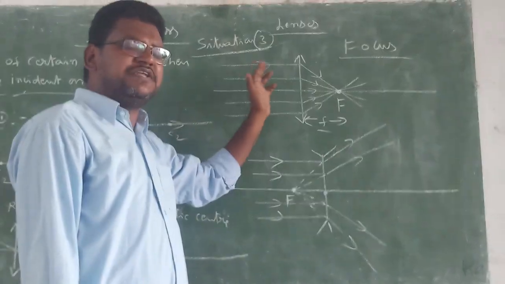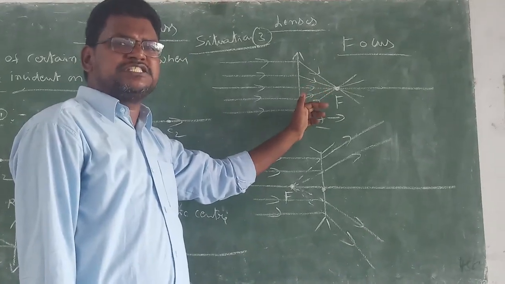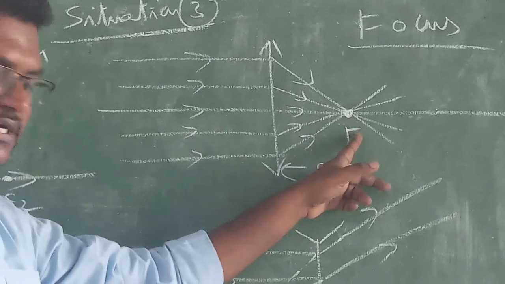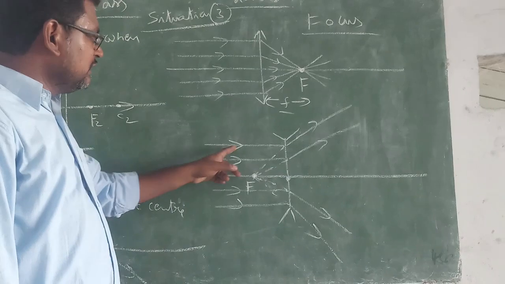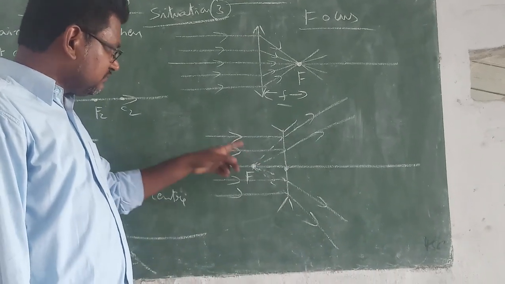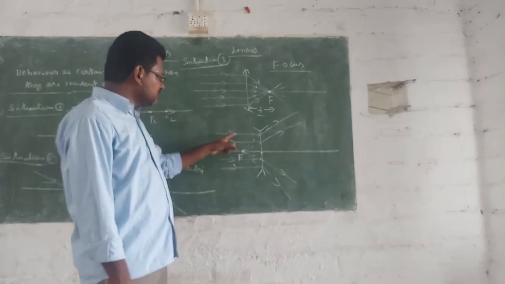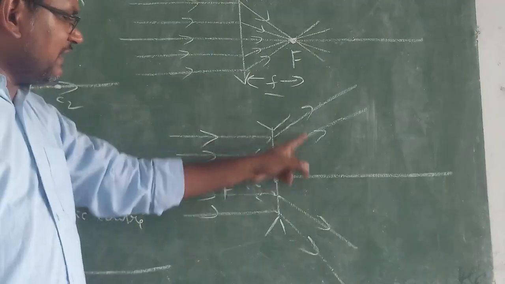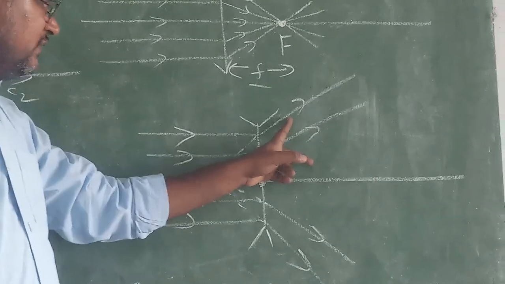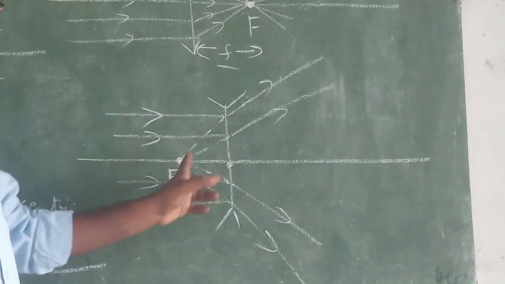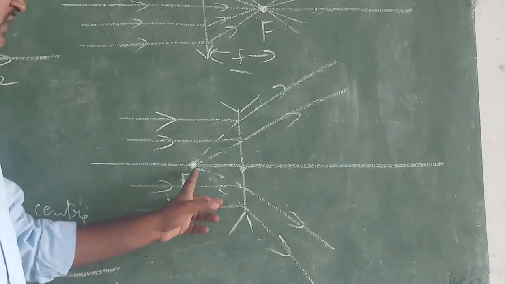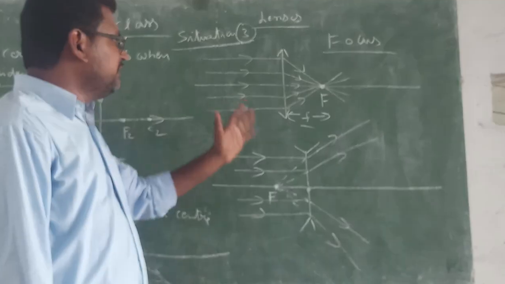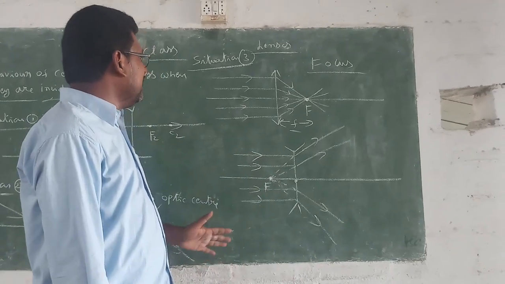That means any light ray incident parallel to the principal axis should pass through the focus after refraction. Now in the case of a concave lens, these are the parallel incident light rays, and the refracted light rays refract as if they are coming from the virtual focus, or virtual focal point. So in this way, light rays refract when they are parallel to the principal axis.